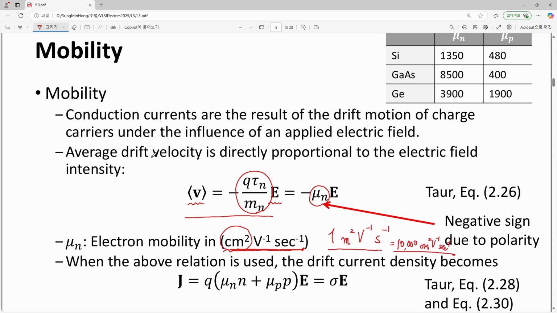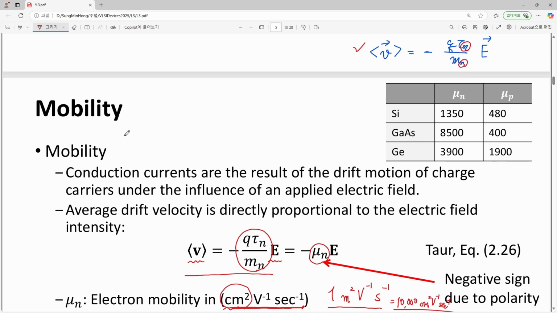As you can see here, the values of electron mobility and hole mobility in square centimeter per volt second are given as 1000 something or several hundred.